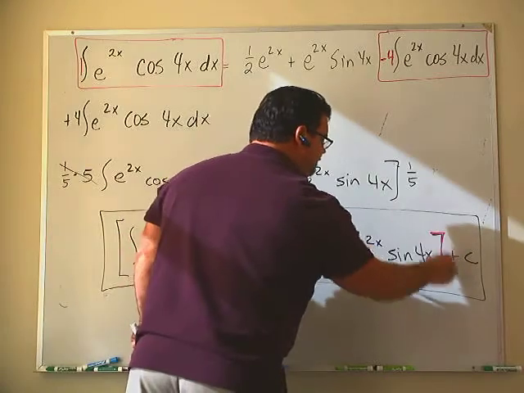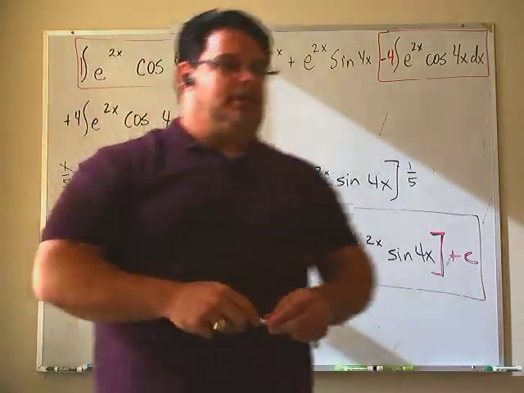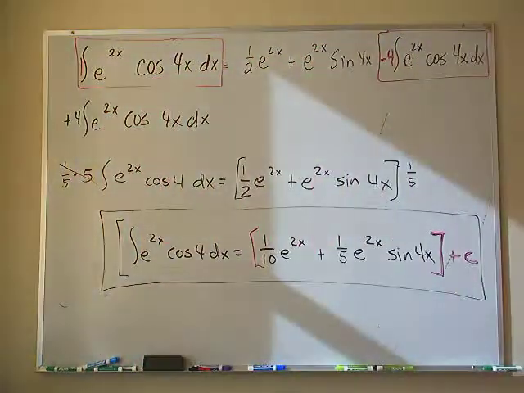And you have just found the antiderivative of e to the 2x cosine 4x. That's this guy right here. Plus c. And I think we also did one like that in class. Hope that helps.